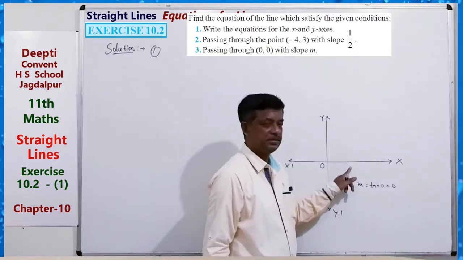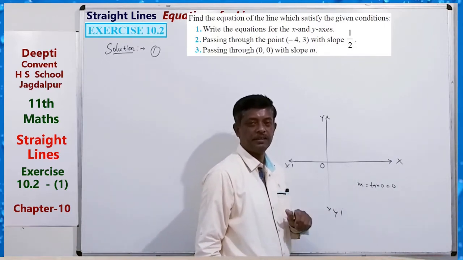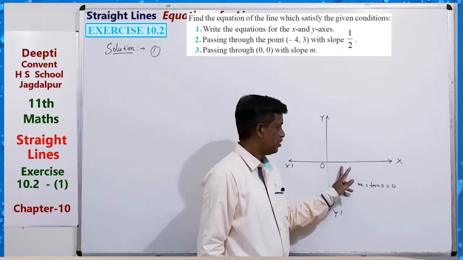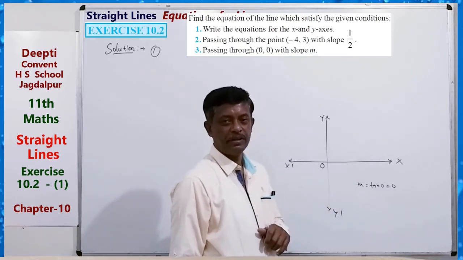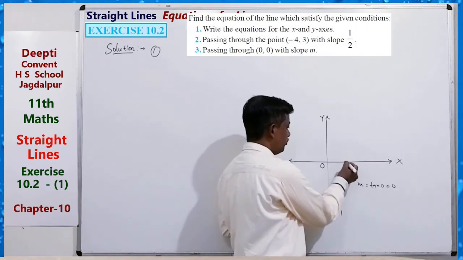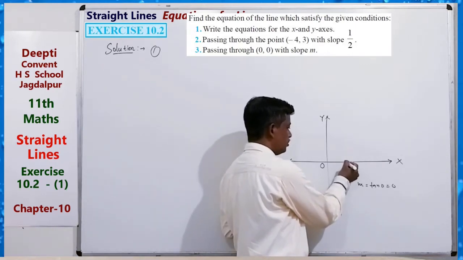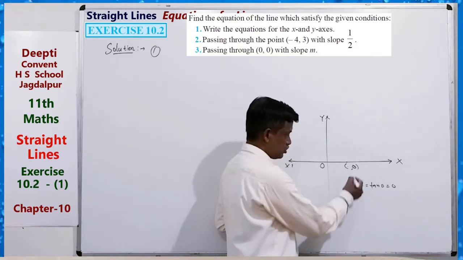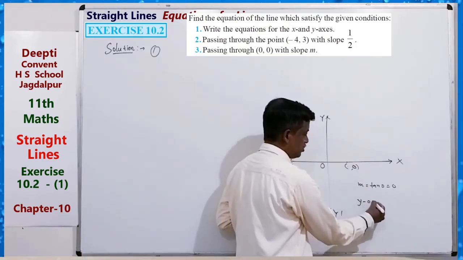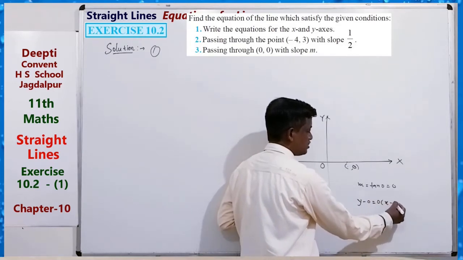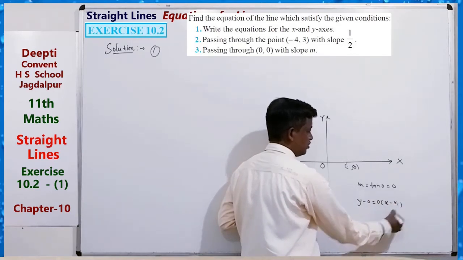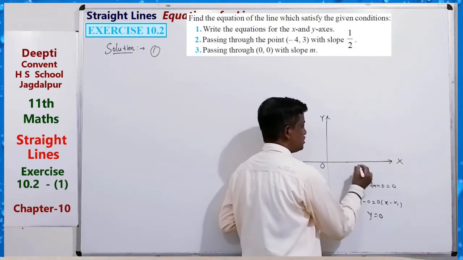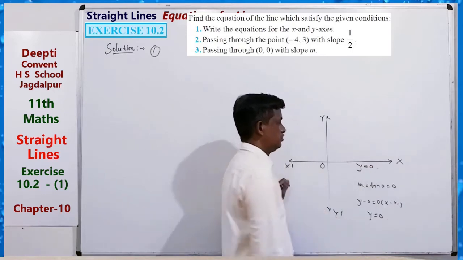Any point on this line has some x value, and the value of y is 0. So y minus 0 equals 0 into x minus some value. This is y equals 0. So the equation of this line is y equals 0.